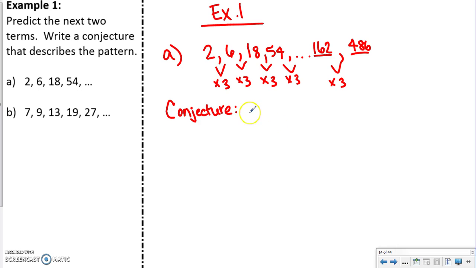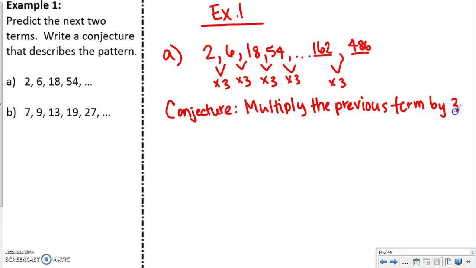So you have to be specific when you write the conjecture. So you would have to say something like multiply the previous term or previous number, however you want to write that. I always use the word term, but these are numbers, so you can certainly use that. So multiply the previous term by 3 to get the next term.